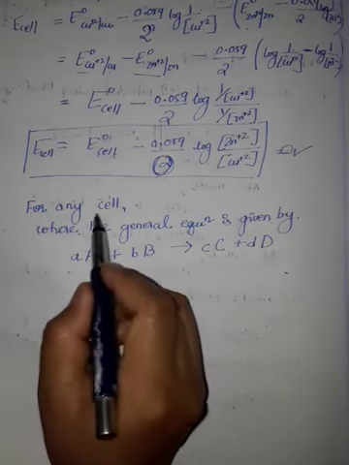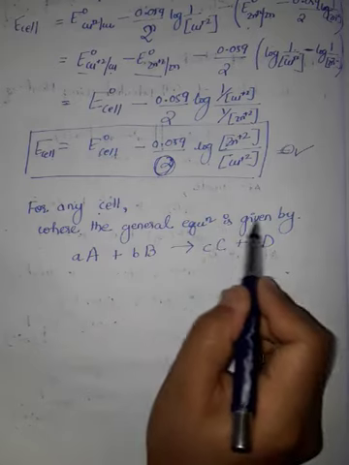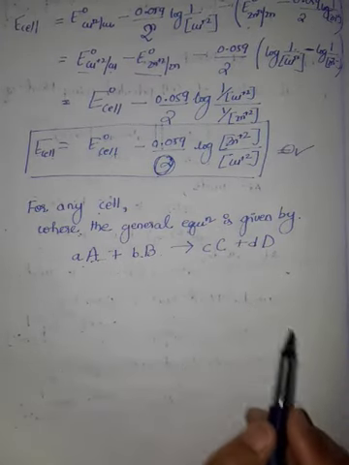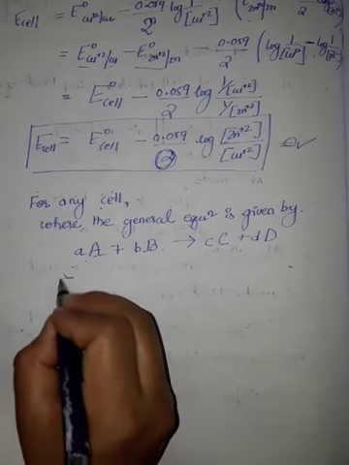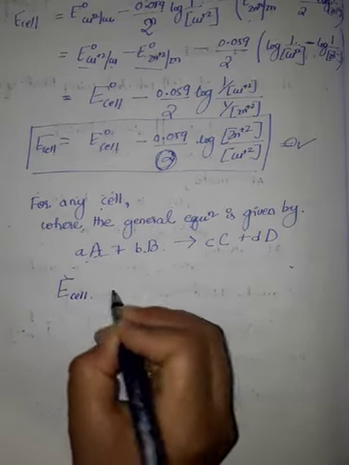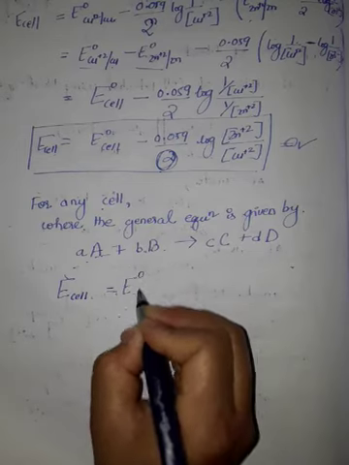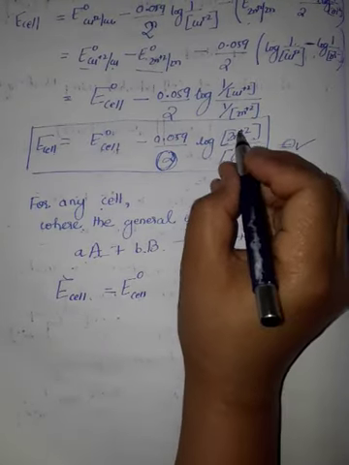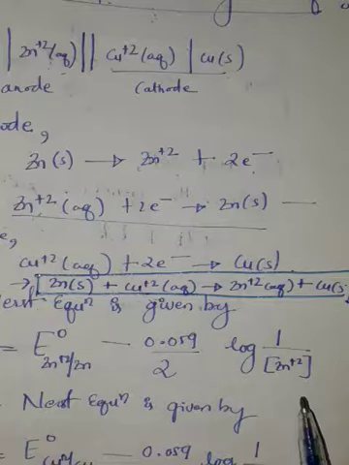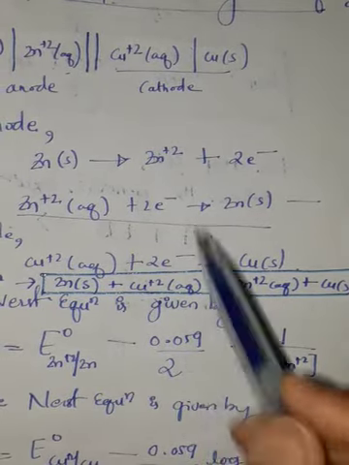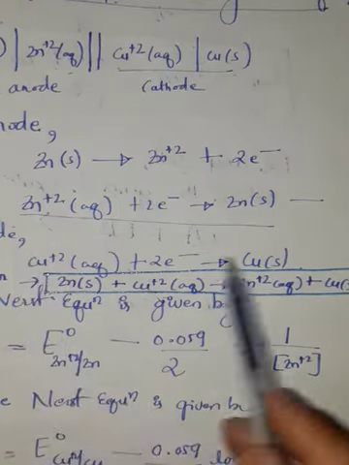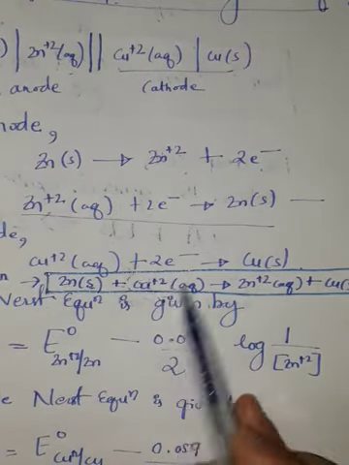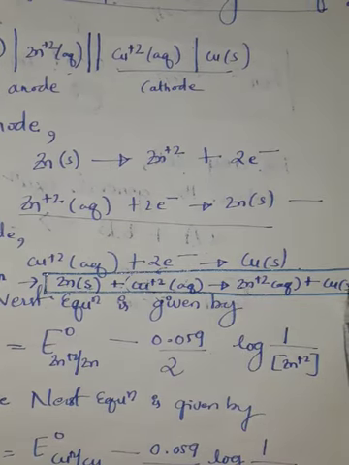Similarly, for any cell where a general redox reaction is taking place, how can we write the E of the cell? It is equal to E naught cell minus. Zinc is at the anode and copper is at the cathode. This was the reaction taking place in the galvanic cell. What is the overall reaction? Zinc plus copper ion gives zinc ion and copper.